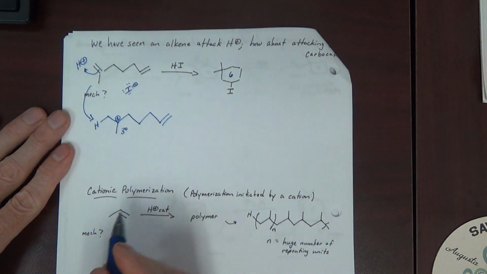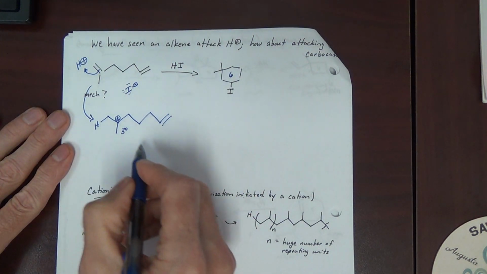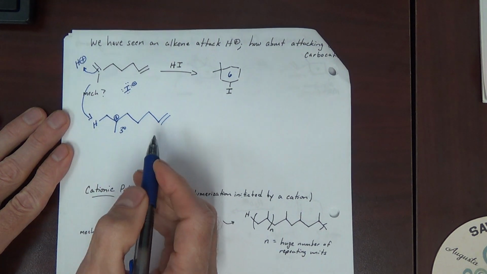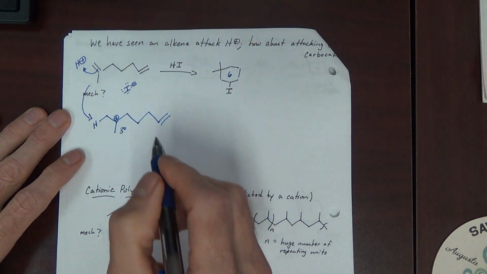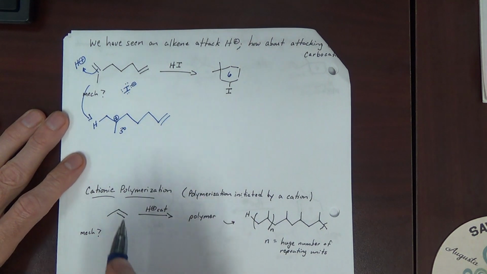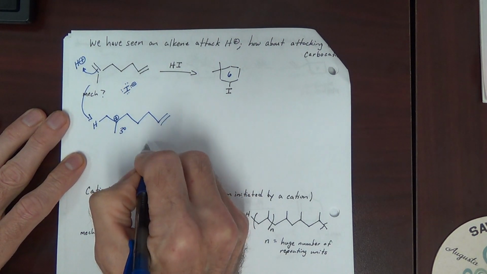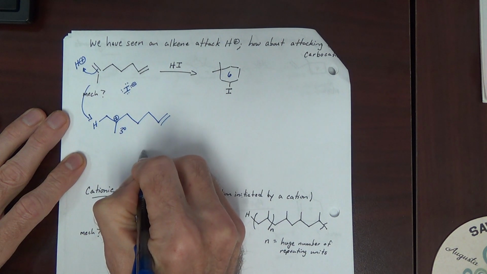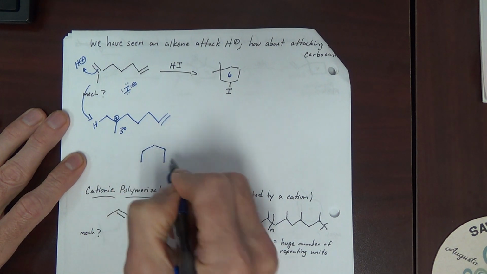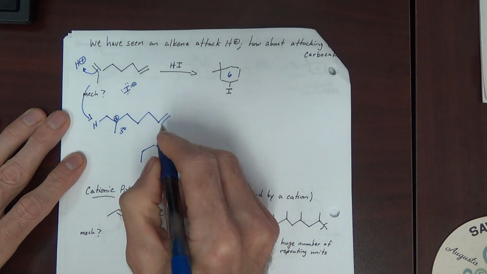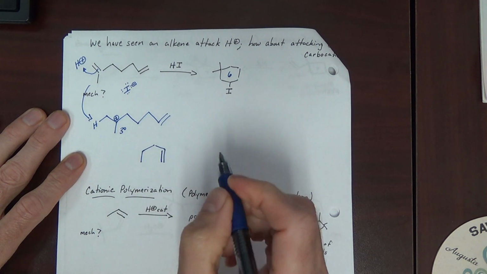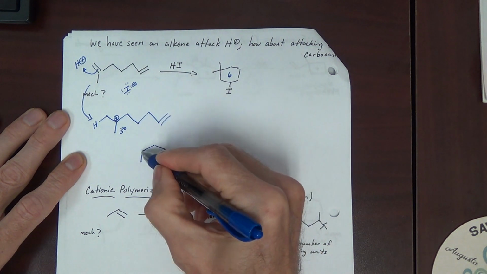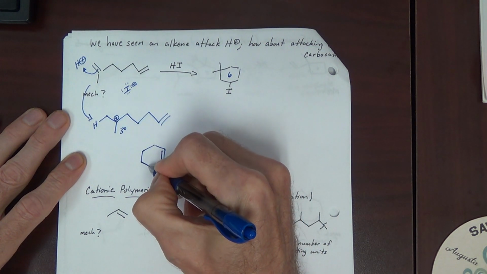Can that occur here? Yes, if we redraw this, there's free rotation in all these bonds through here. There's the alkene, and then 1, 2, 3, 4. 1, 2, 3, 4.